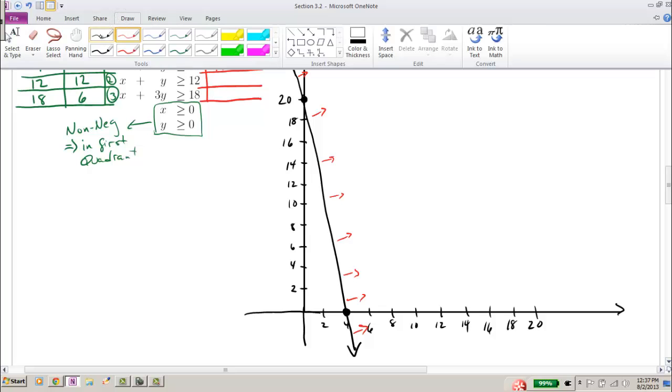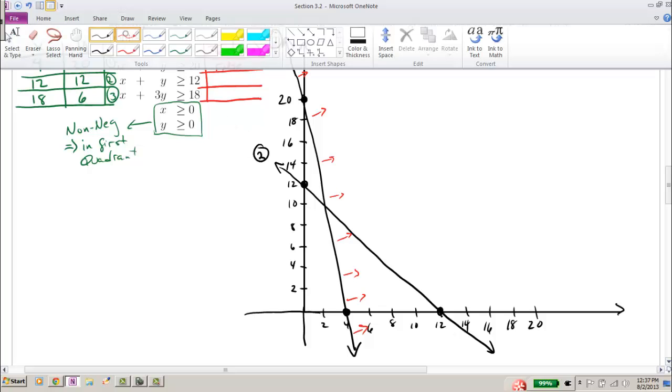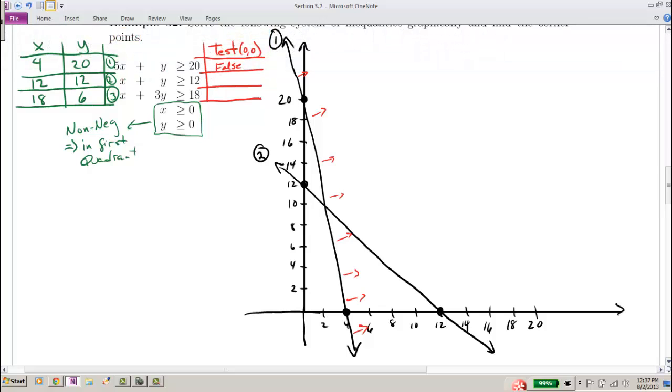And for the second inequality, the second line has intercepts both equal to 12. Again, if we plug in 0, 0, the left-hand side becomes 0. 0 greater than or equal to 12 is false, and so we would again be shading above that line, the side that does not contain the origin.